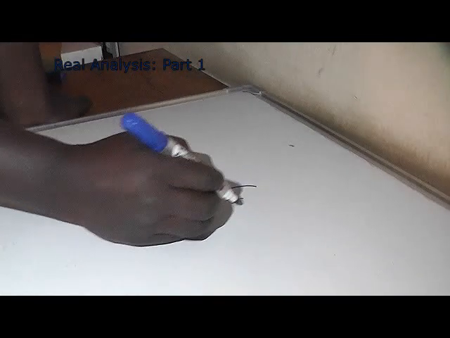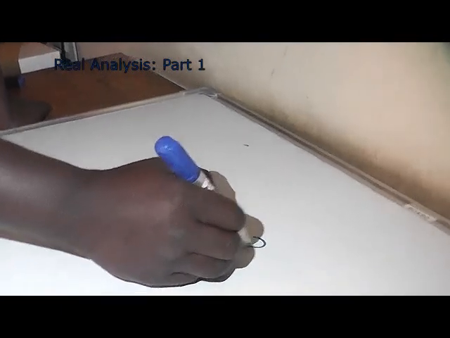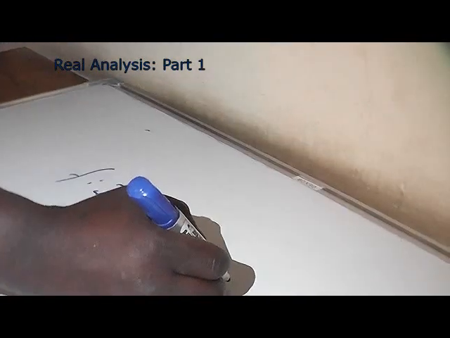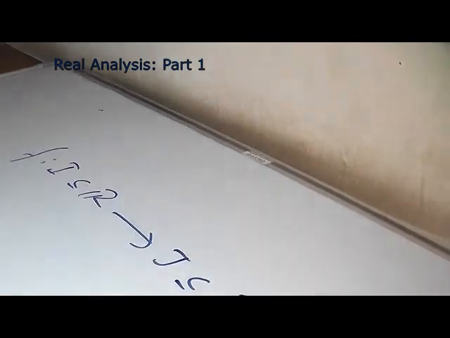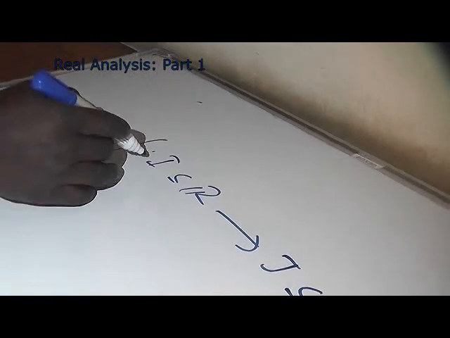Now we introduce sequence. A real valued function is defined by I subset of R implies maybe J subset of R. This is a real valued function. An interval is always a subset of the real line.